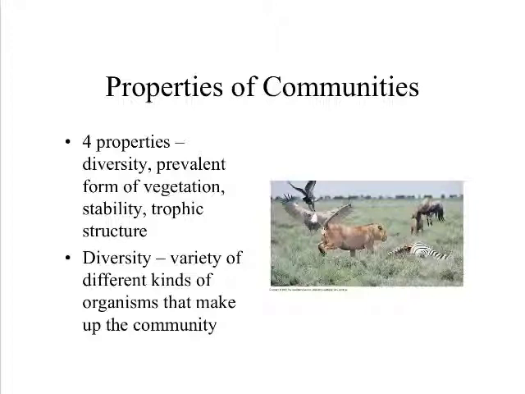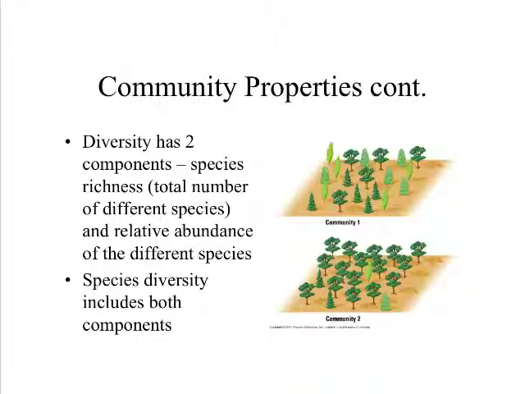Now in diversity, we're talking about the variety of different kinds of organisms that make up the community. Diversity has 2 main components, what we call species richness and relative abundance. Species richness is basically the total number of different species. So the more species rich something is, the more different kinds of species there are in the community.